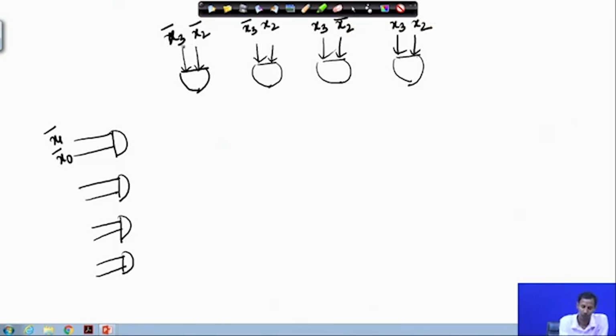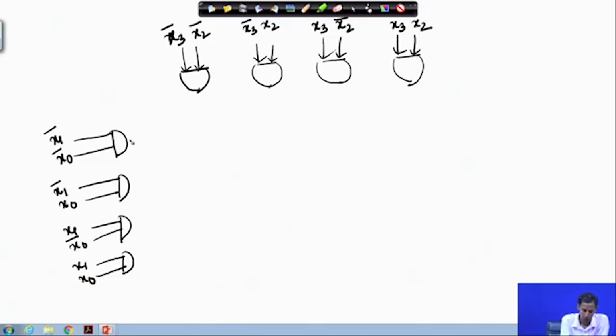Okay. So, that means this is for 00, this is for 01, this is for 10, this is for 11, and this is x1 bar, x0 and then x1, x0 bar and this is x1, x0.